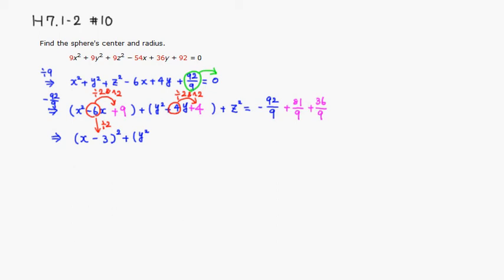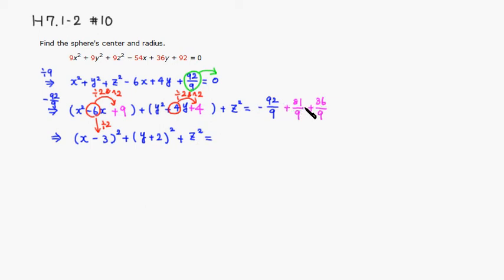Oh, sorry, y plus 2, squared, plus z squared is equal to, so what's this?